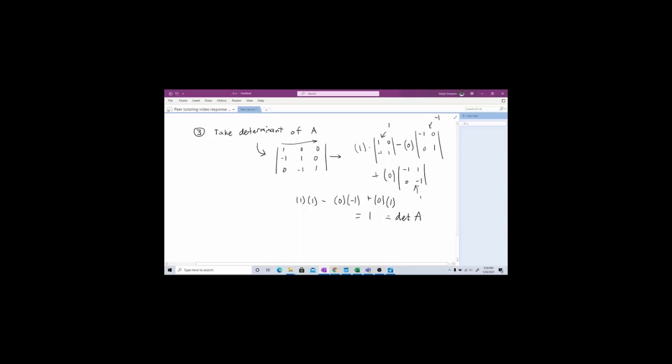Which is the determinant of A. And finally, this is actually what step 3 is. And this gives us the final answer for A inverse. And it is 1 over the determinant of A times the adjoint matrix.